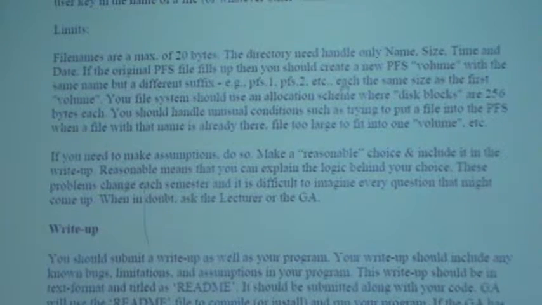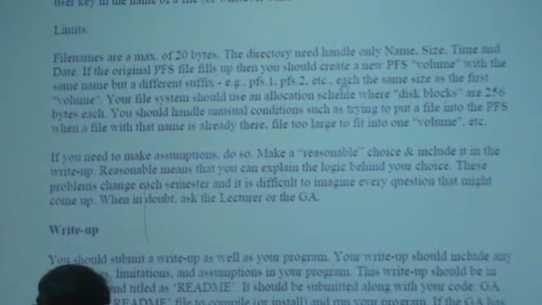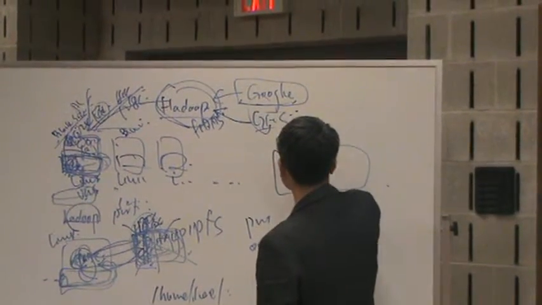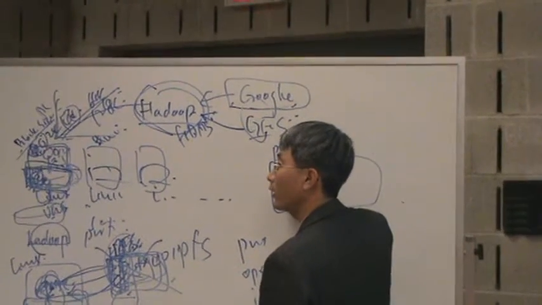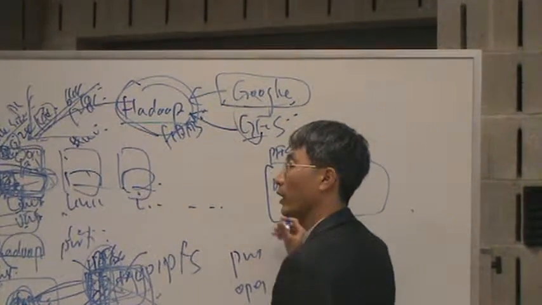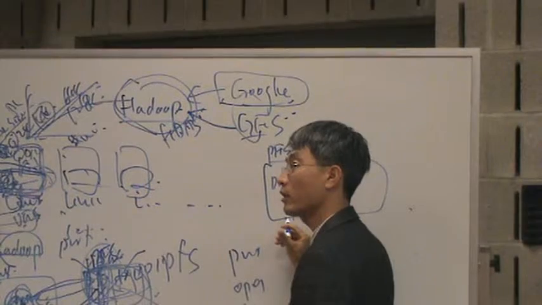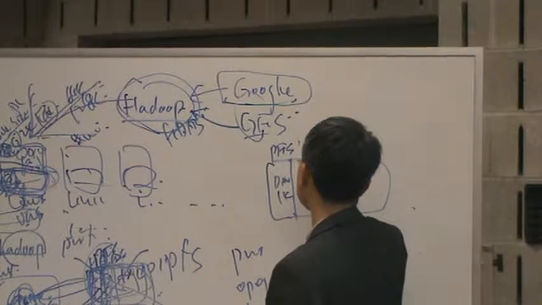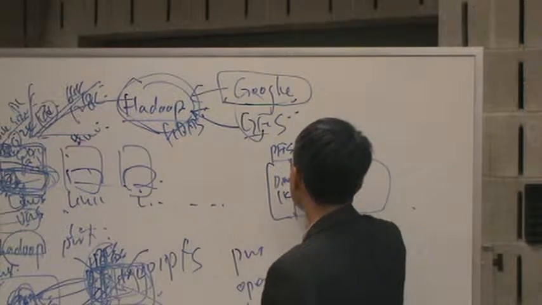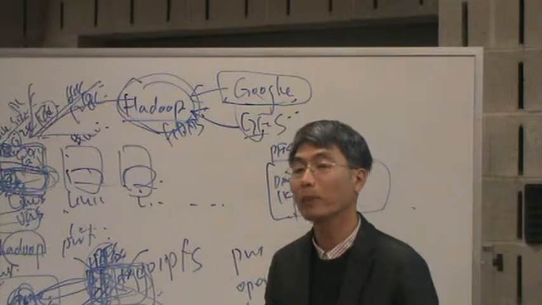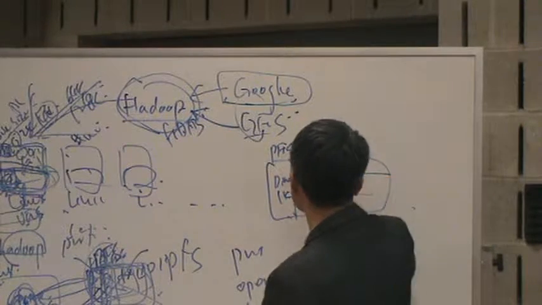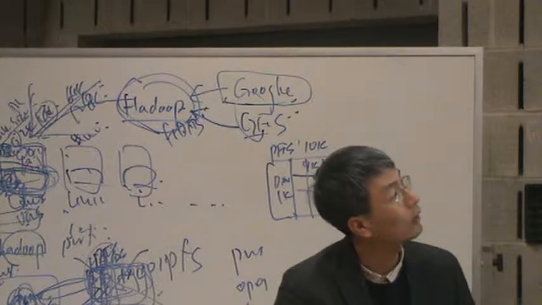Okay, one more thing. What about this one? PFS. So you create the 10K, you should have the directory. The size of the directory structure you can determine. Let's say this is 1K, and 9K will be used for the data. And you are going to use block-based I/O, which means you are going to format this part by 256.